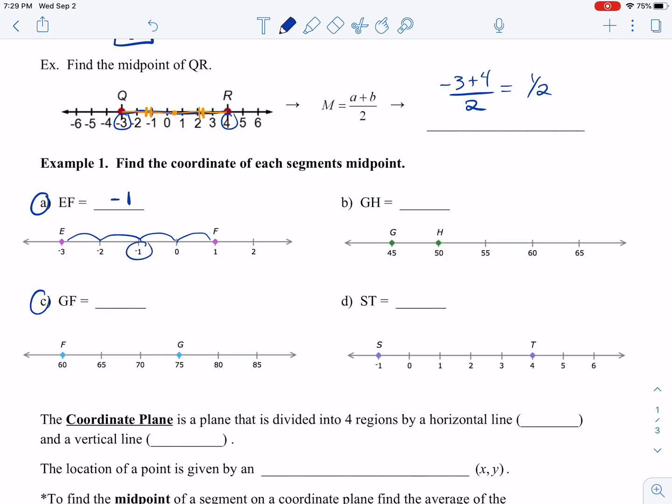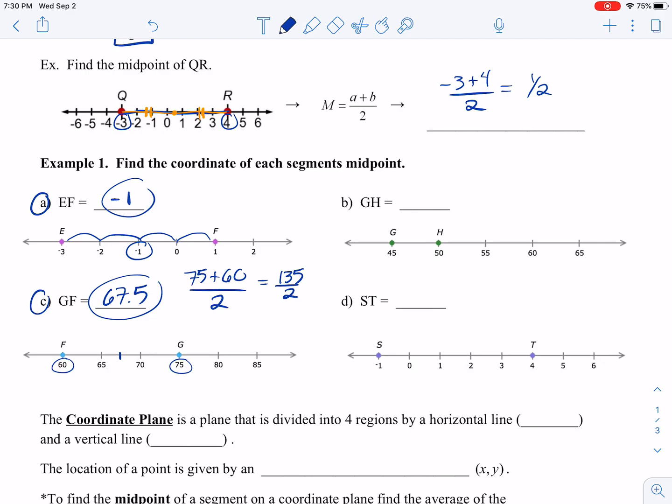Other times it might be easier to just find the average like we were doing before. So 75 plus 60 divided by 2. It's going to be right in the middle of 65 and 70. Let's see, 135 divided by 2. It's okay if we get a decimal, 67.5, or a fraction.